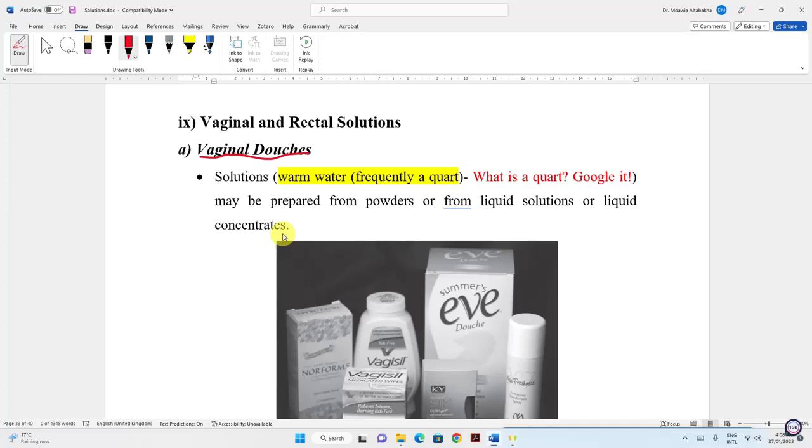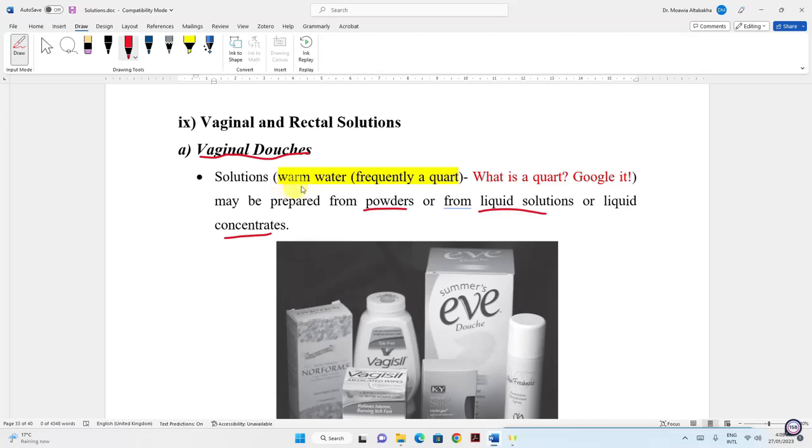It's applied in different forms. We have, for example, foam, we have solutions, etc. Usually the preparation comes in the form of powder, liquid solution, liquid concentrate. Of course liquid concentrate means you need to do dilution. Powders mean you need to dissolve them in water.